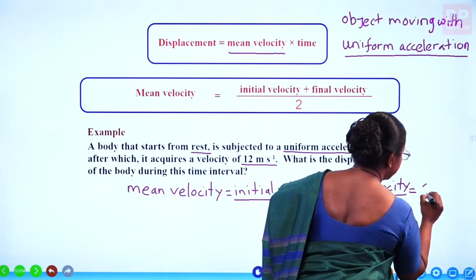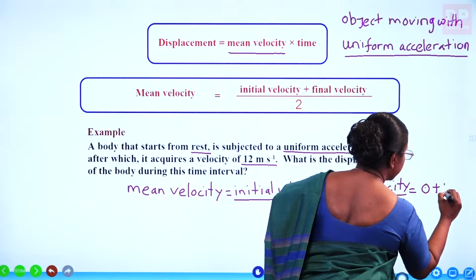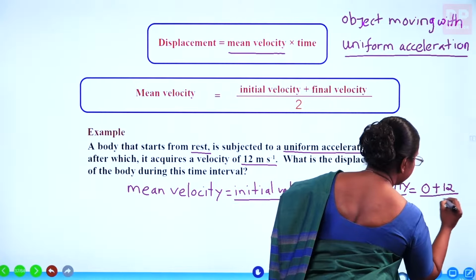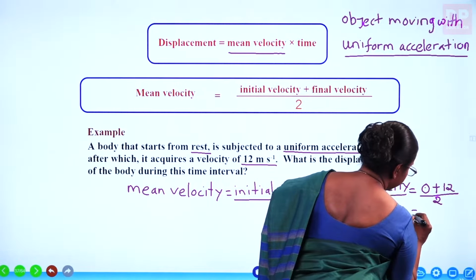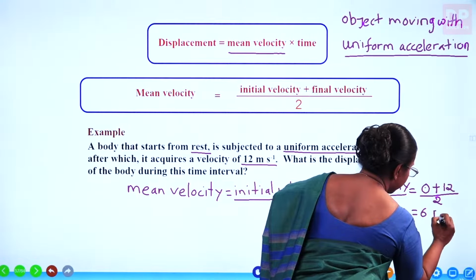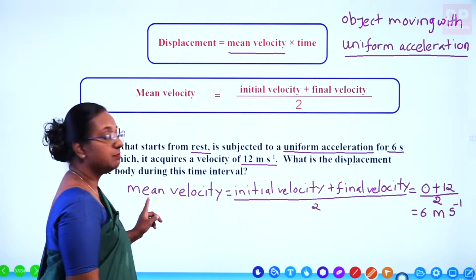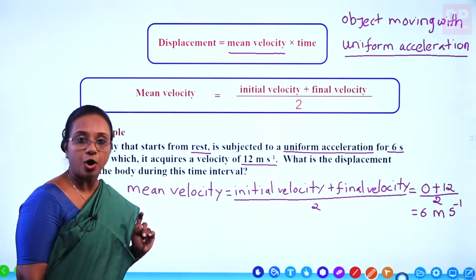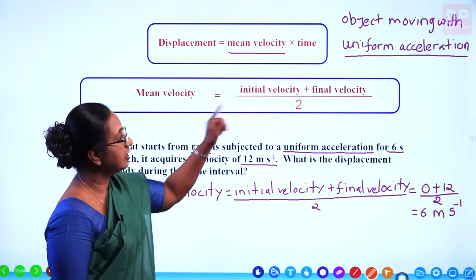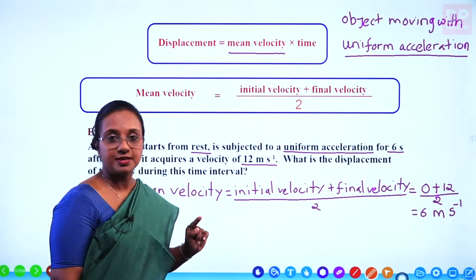That is 0 plus 12 divided by 2. That is equal to 6 meters per second. That is the mean velocity of the object when it is traveling with uniform acceleration.